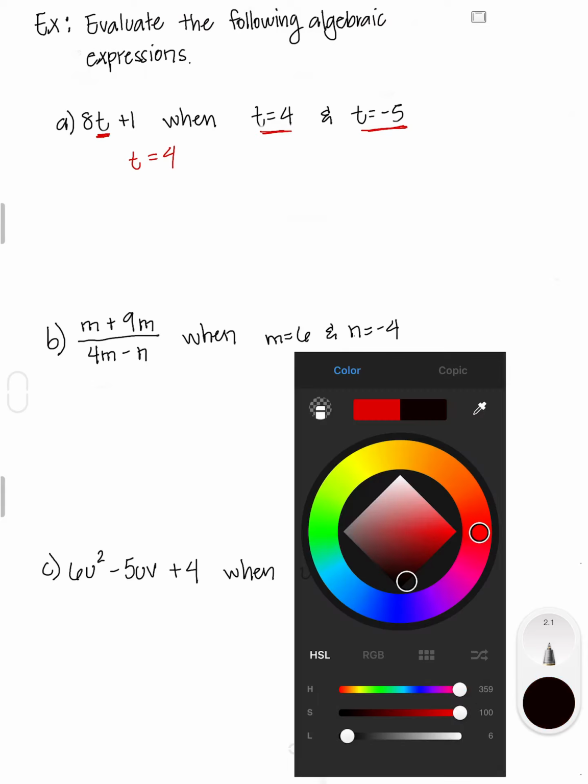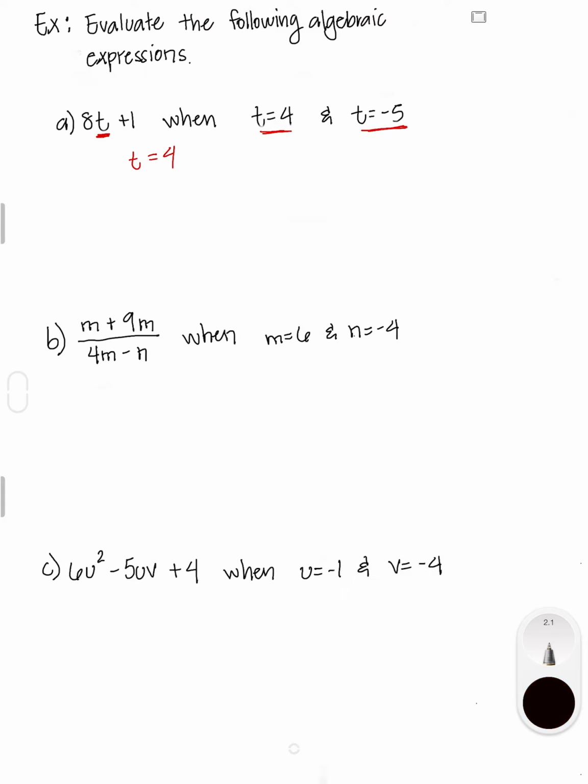And what we do is we use the same algebraic expression, so 8t plus 1, and then instead of t, we're going to replace that with the 4. So we will have 8 and then replace t with 4. I'm going to use parentheses.